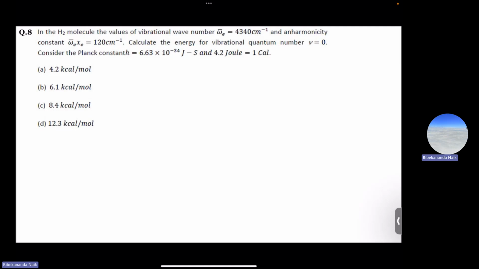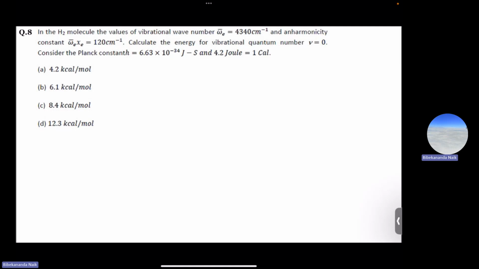The problem says in the H2 molecule, the value of vibrational wave number omega_e is equal to 4340 centimeter inverse, and anharmonicity constant is omega_e x_e equal to 120 centimeter inverse.